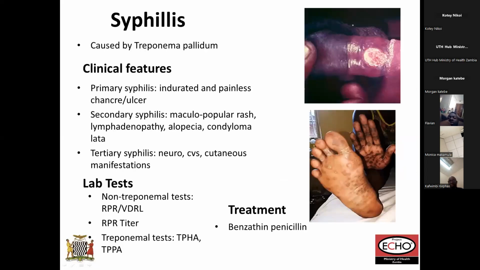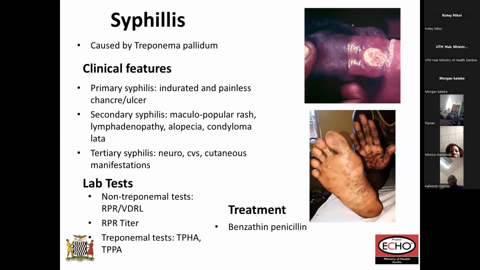Syphilis also falls under the STIs that cause an ulceration. It's caused by the spirochete Treponema pallidum. Clinical features: syphilis, you group it into early and late syphilis.